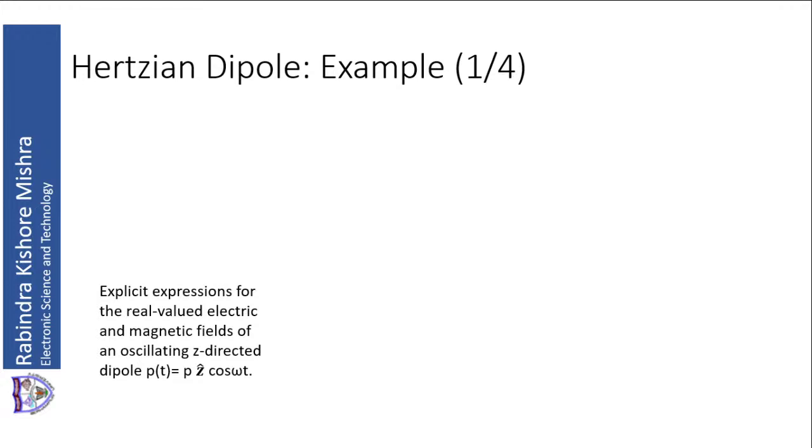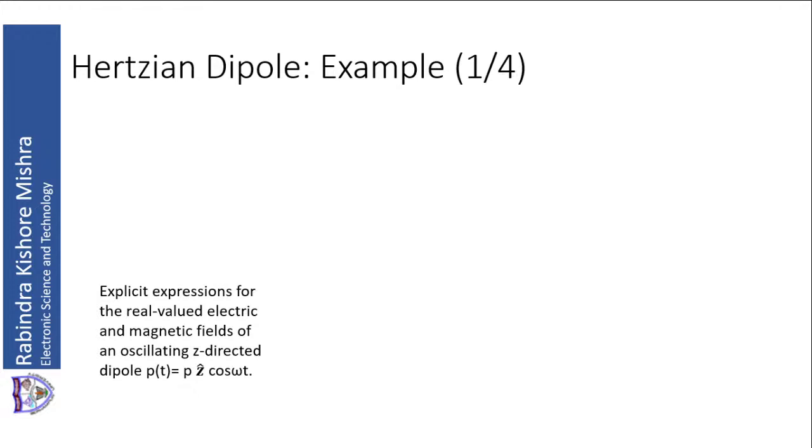So, the explicit expressions for the real valued electric field and magnetic fields for an oscillating z-directed dipole. Let us say the z-directed dipole has a dipole moment p(t).